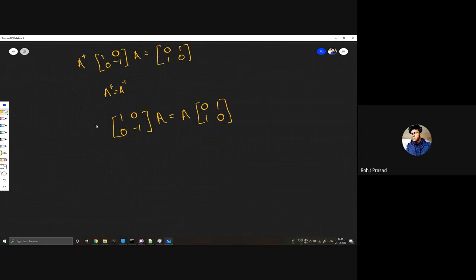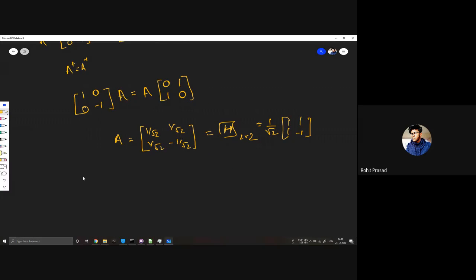And then we find out that A is nothing but 1 by root 2, 1 by root 2, 1 by root 2, minus 1 by root 2. And if you remember this matrix, you can just say that it's a Hadamard gate, the Hadamard 2 cross 2 matrix, right? That's 1 by root 2, 1 1 1 minus 1, right?